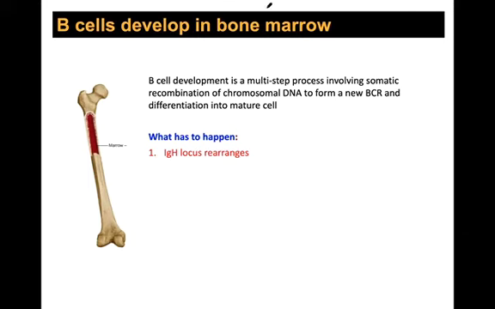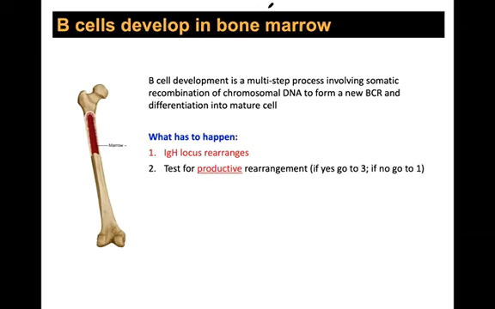Think about how many different gene segments you have to rearrange for the heavy chain versus the light chain. It's more complicated, so you have to do that one first. If you get that rearrangement to work, the light chain's much easier.